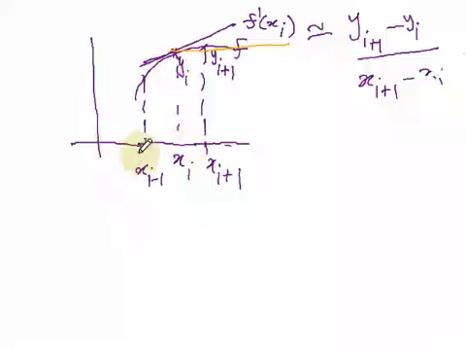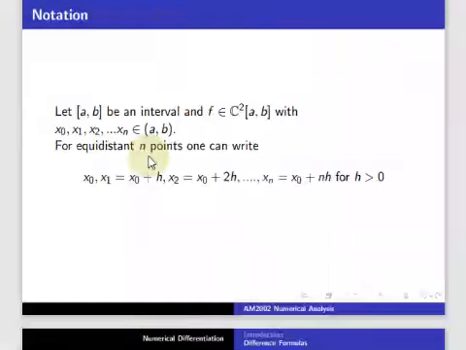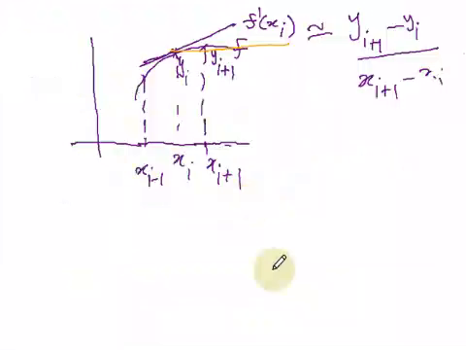All right, let's talk about the backward one. So here this is the forward difference formula. If the gap is h, this becomes your xi plus h.